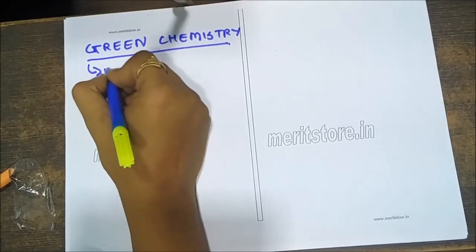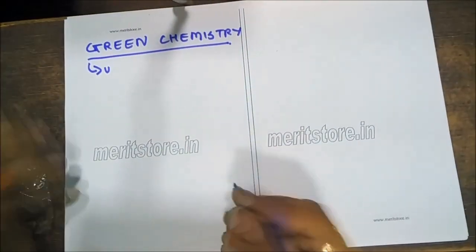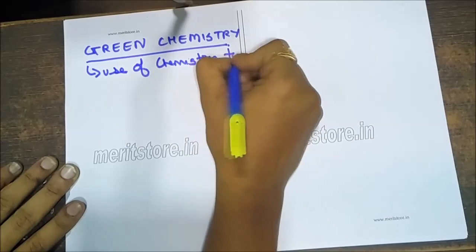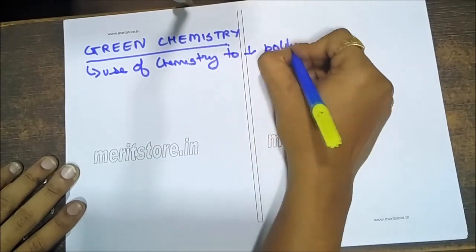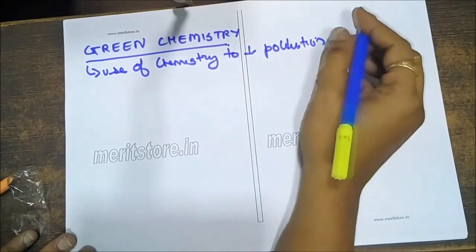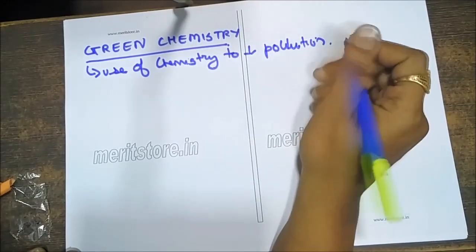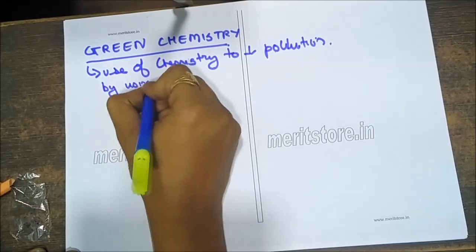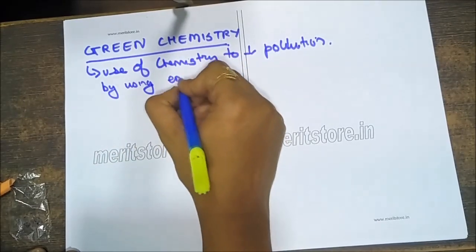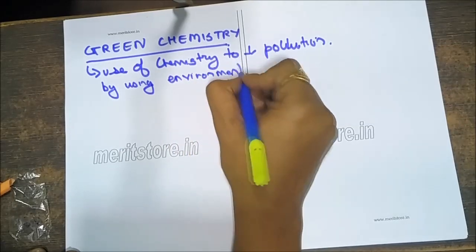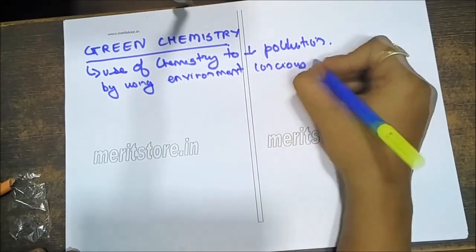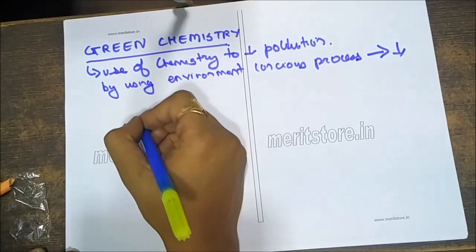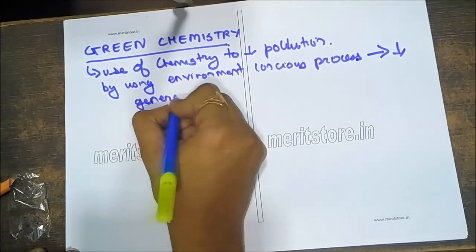It is the use of chemistry to reduce pollution by using environmentally conscious designs of chemical products, and by using environmentally conscious processes that will reduce or eliminate generation of harmful substances.